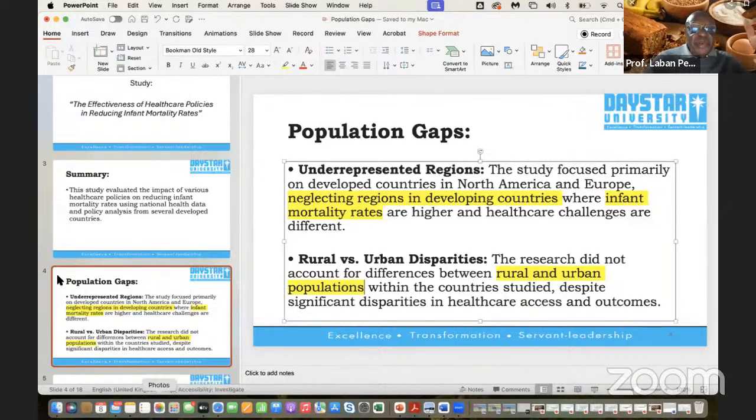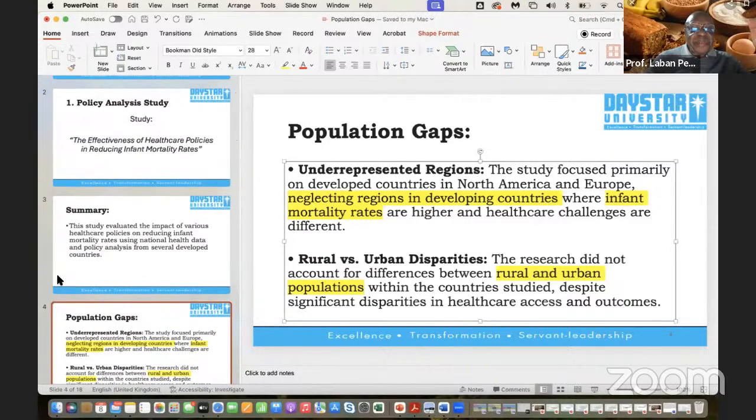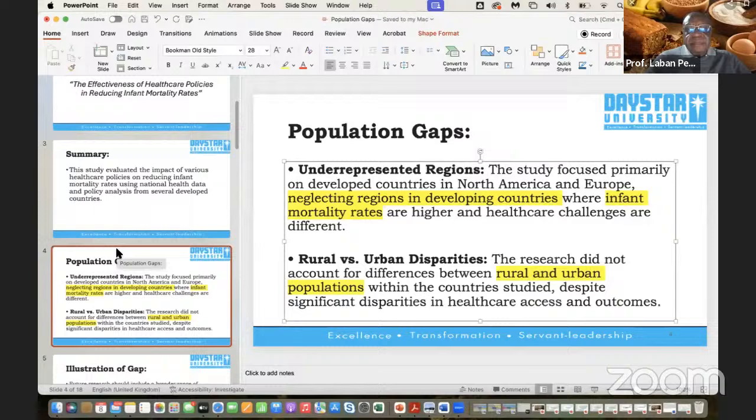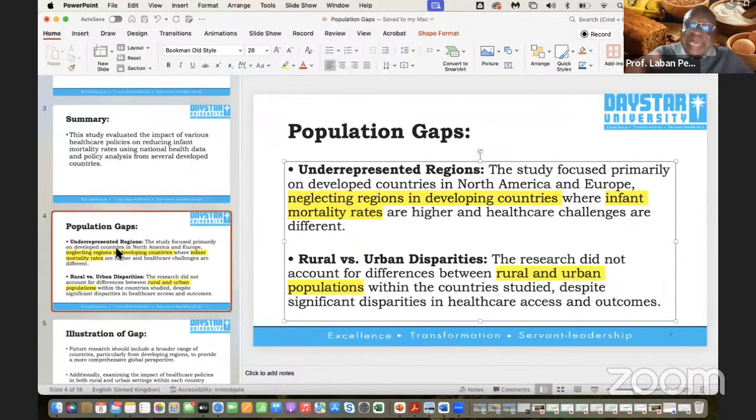And what I want you to do when you are doing your literature review, suppose your research is in policy analysis, you must first of all tell us what the study says, then summarize what the study was all about, and then give us the gaps that you would like to tackle. Now, let me illustrate a gap here.